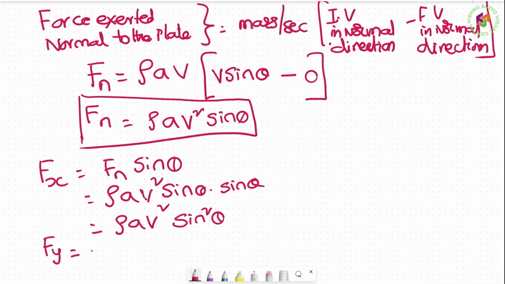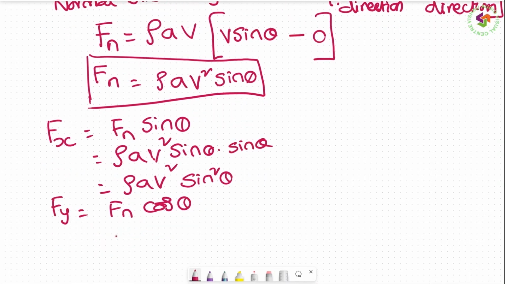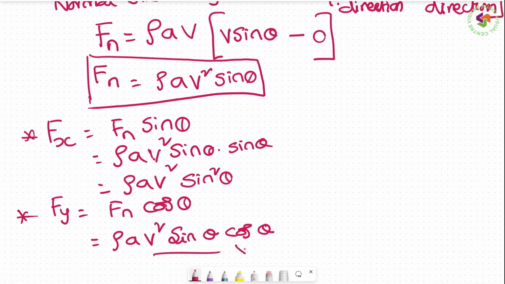Fy is equal to Fn cos theta, which is equal to rho A V square sin theta cos theta. So this completes Fx and Fy, and the second case. And if you want the resultant force, F is equal to the square root of Fx square plus Fy square. So this completes two cases.